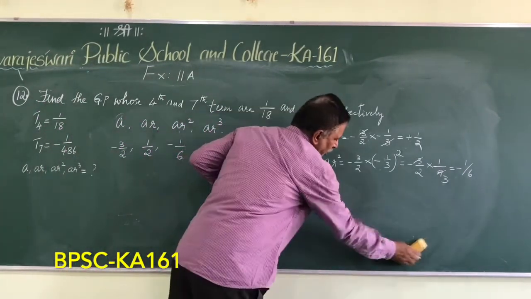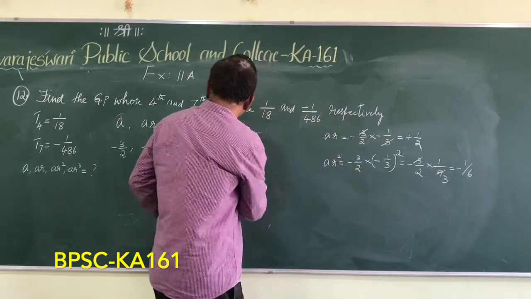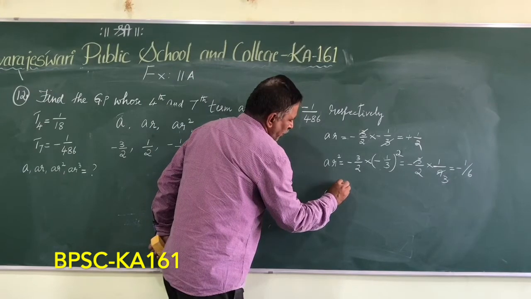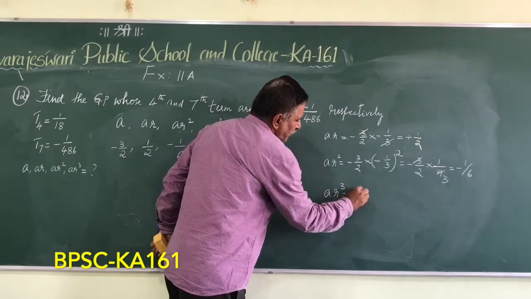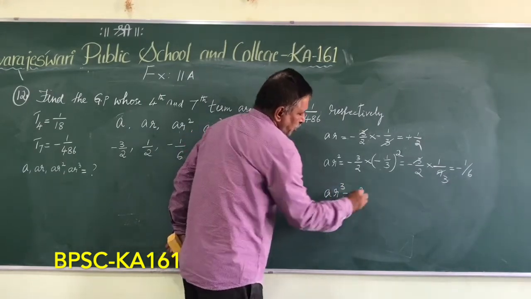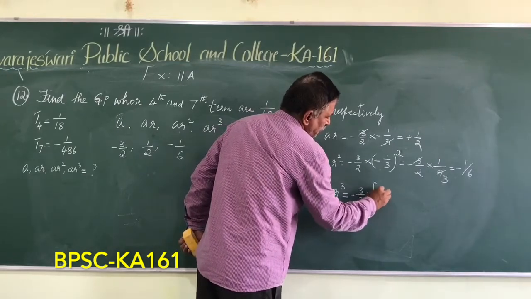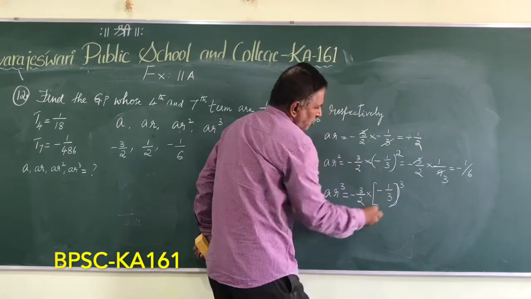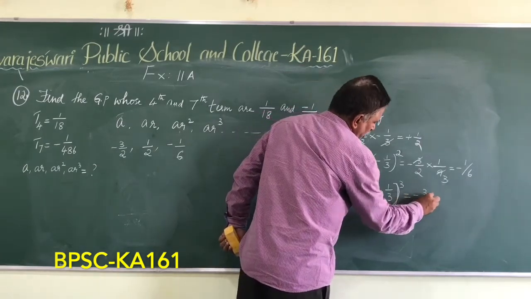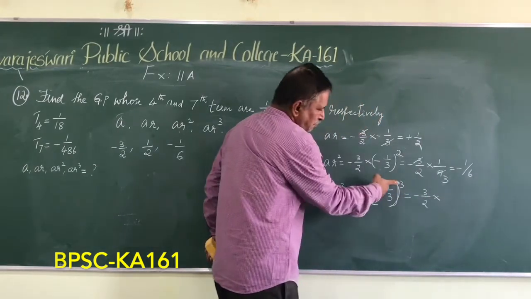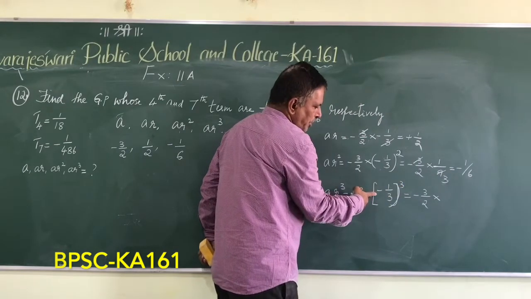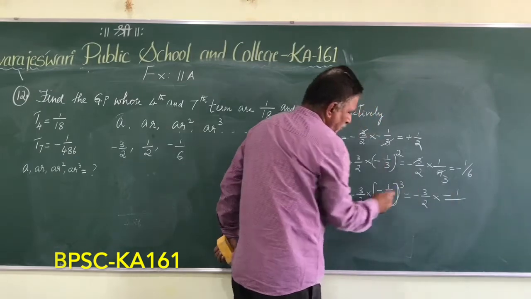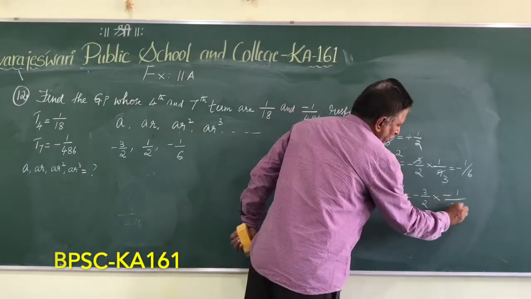Then I will find out the third one, AR to the power of 3. A is minus 3 by 2 into R value is minus 1 by 3 whole cube. Now this is minus 3 by 2 into, since the power is odd number, negative will be negative only, minus 1 to the power of 3 is 1 divided by 3 to the power of 3 is 27.